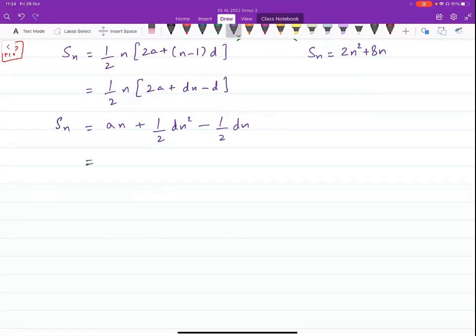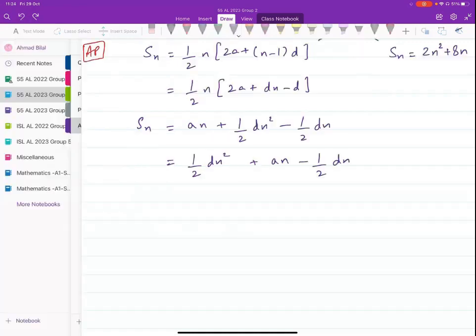So the n square term is only one, that's half dn square. We have separated that. There are 2 terms in n, so they are an minus half dn. Since we want to compare with that form, we want to see what the coefficient of n square is and what the coefficient of n is. We have to figure out both coefficients here.